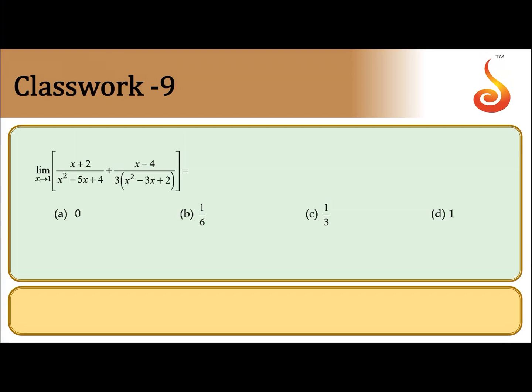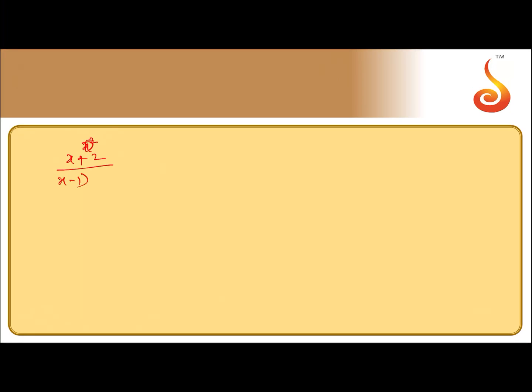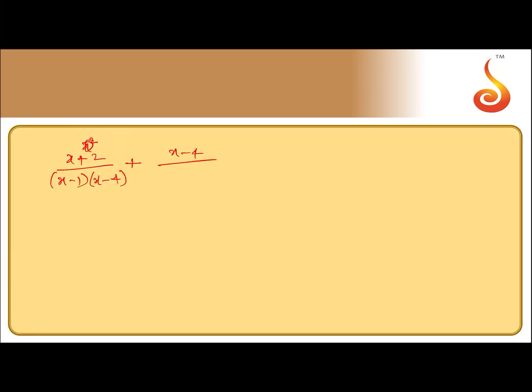Coming to the 9th one. x tends to 1, (x plus 2)/(x² − 5x + 4) plus 3. I think you can factorize this one as (x − 1)(x − 4), and the other term has denominator 3(x − 1)(x − 2).